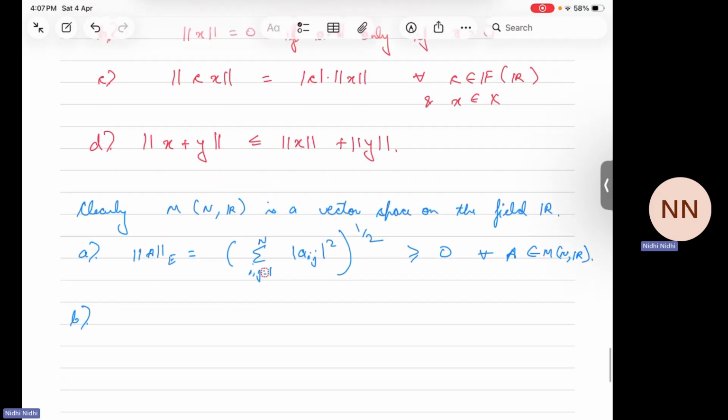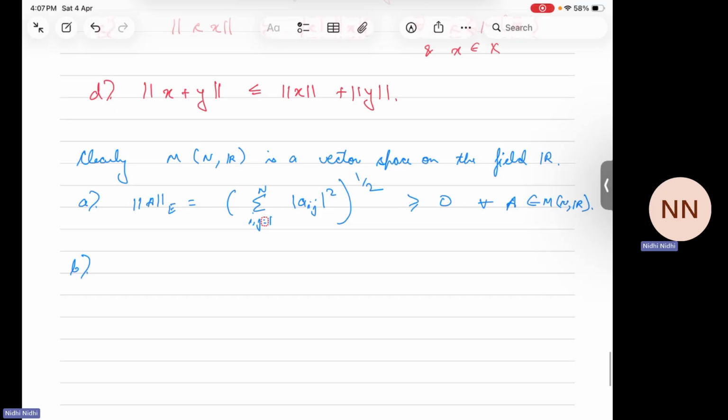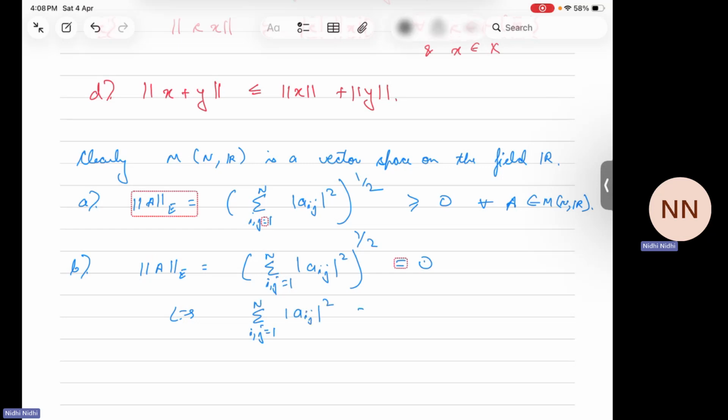What about the second? The second says that this is 0 if and only if the vector is 0. Now let's see what happens when the norm of any matrix is equal to 0. This happens if and only if, since the root of some number is 0 if and only if the inside is 0, the sum over i, j from 1 to n of mod a_ij squared is equal to 0.